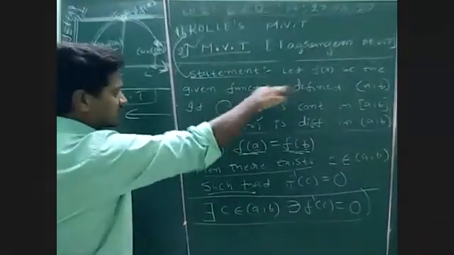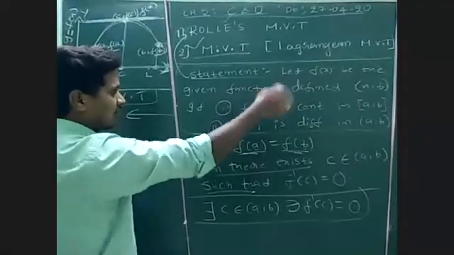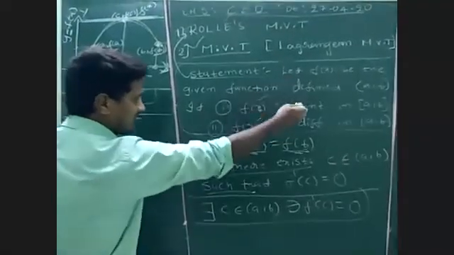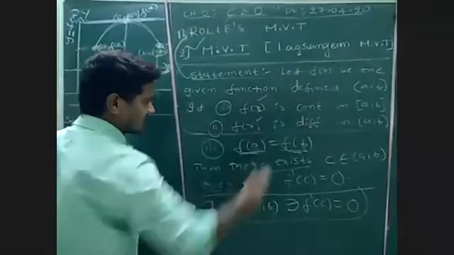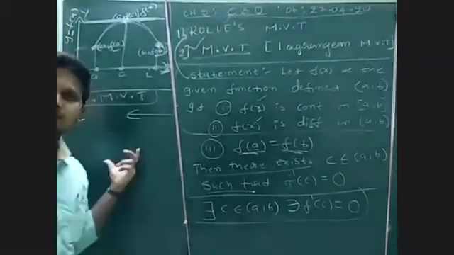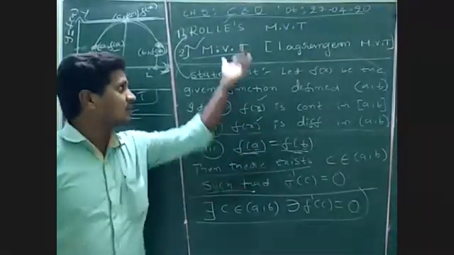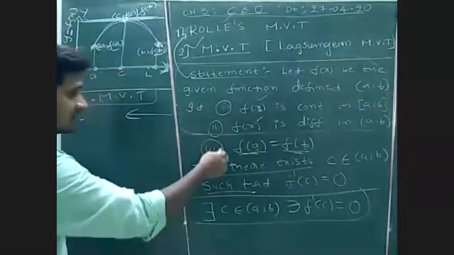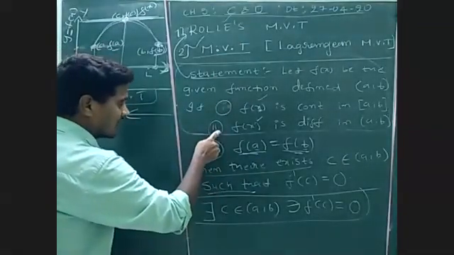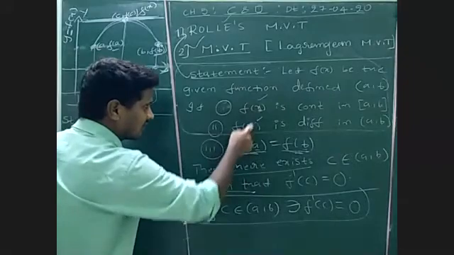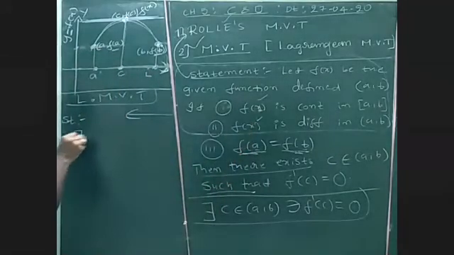Let f of x be the given function defined over [a, b]. If f of x is continuous in the closed interval, and f of x is differentiable in the open interval, but here we don't have the third condition. The third condition is only for Rolle's. The function satisfying these two conditions, then there exists a point.